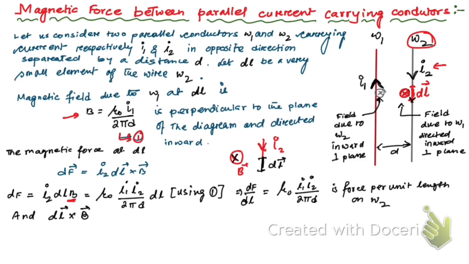Now you see, if you use your right hand, first point the fingers of your right hand along dl, then curl them in the direction of the magnetic field, then the thumb of your right hand is going to be pointing towards the right side, so the force on W2 will be towards the right side, right?